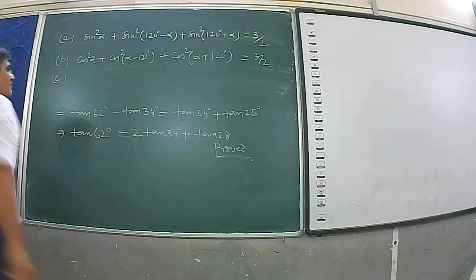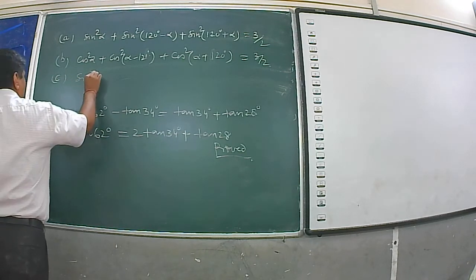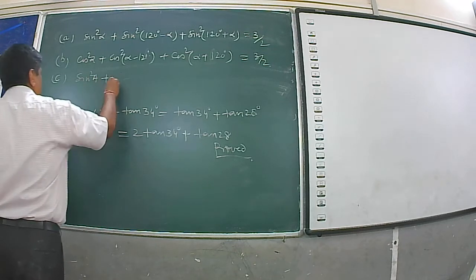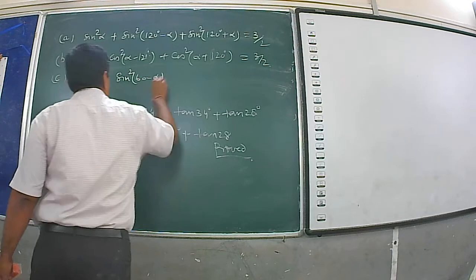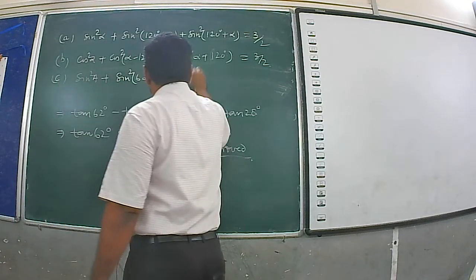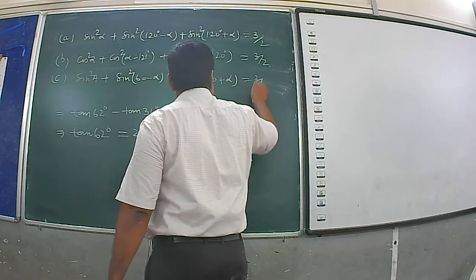C: sin square A plus sin square 60 minus alpha plus sin square 60 plus alpha is equal to 3 by 2.